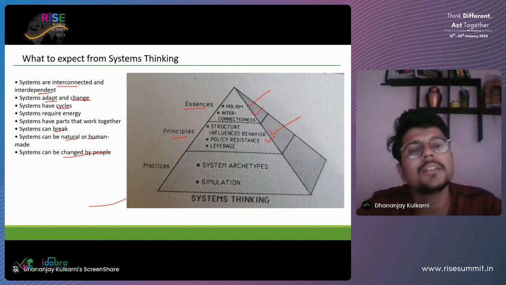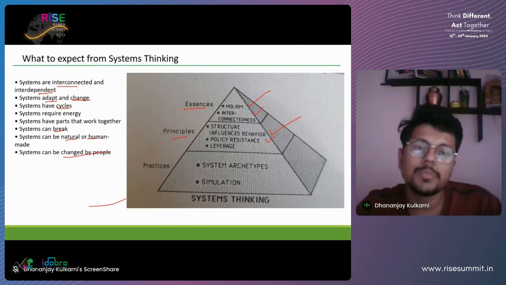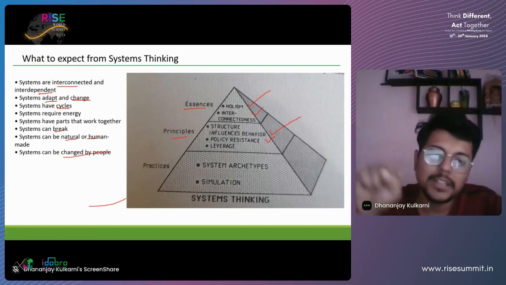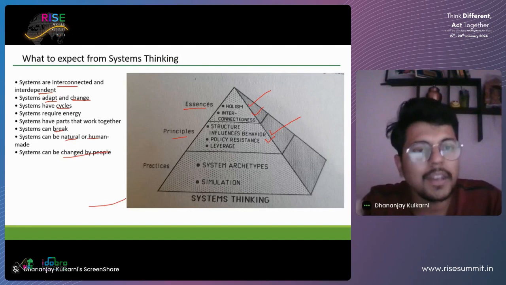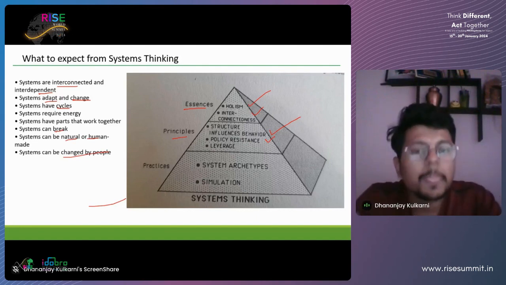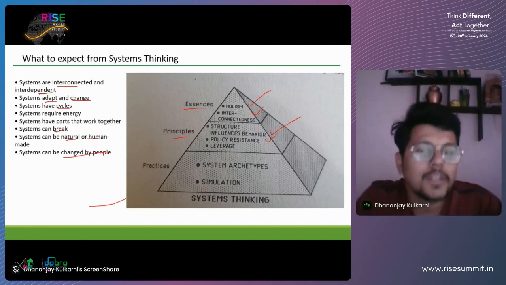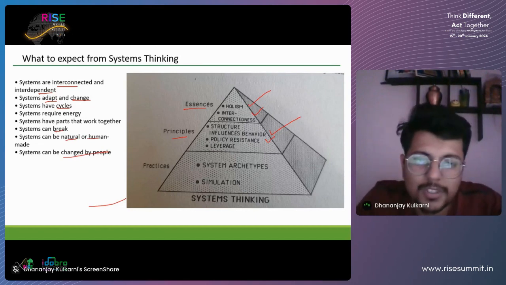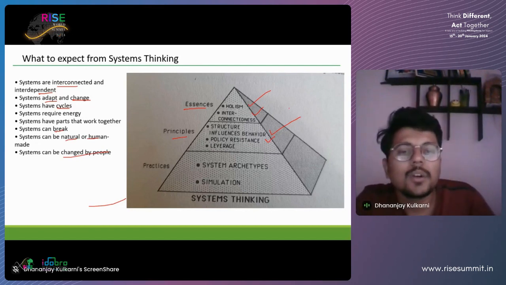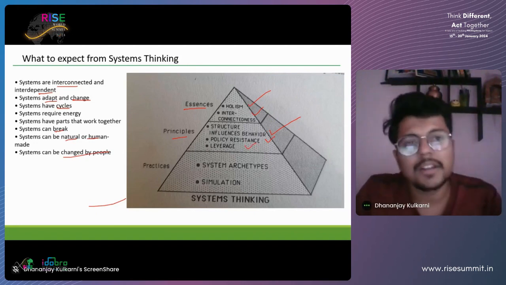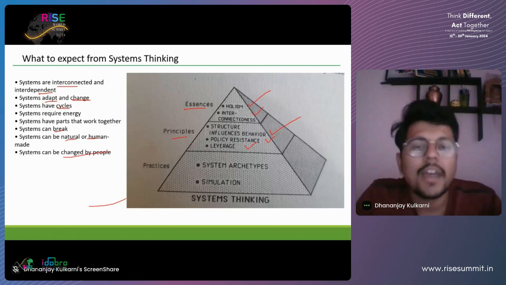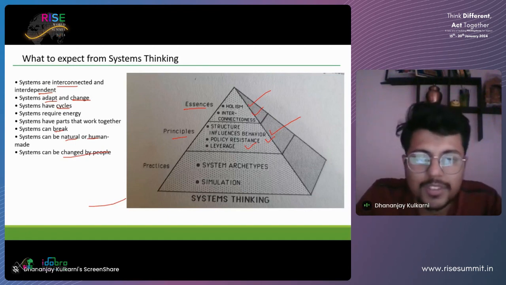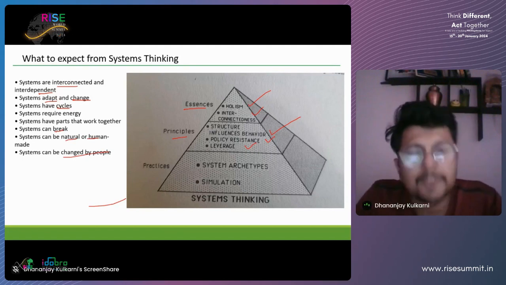Maybe there is a balancing feedback loop happening, meaning there is an internal resistance from the system, and unless we understand that, we cannot provide a long term or sustainable solution. And the concept of leverage is where exactly we should focus our efforts to bring about change. So these are the three principles of systems thinking.